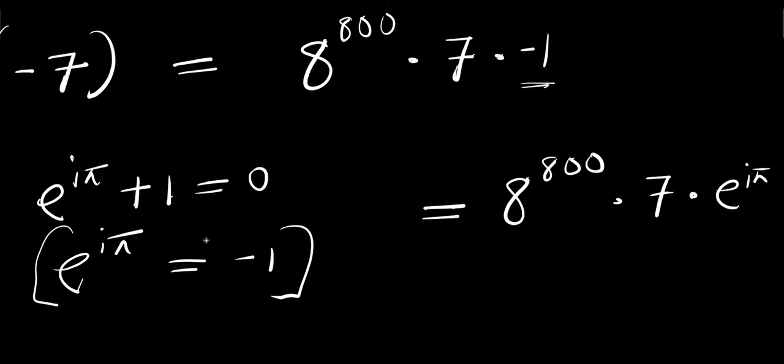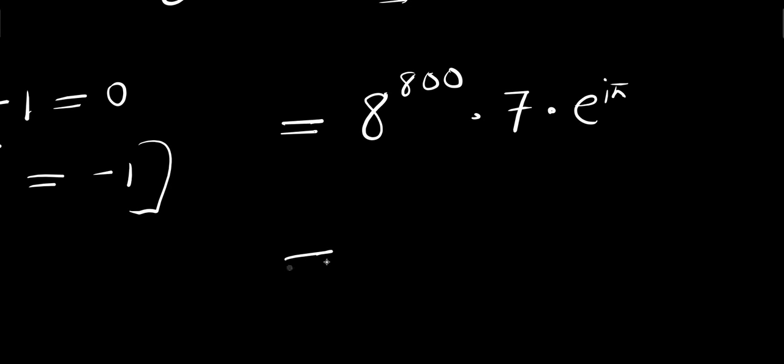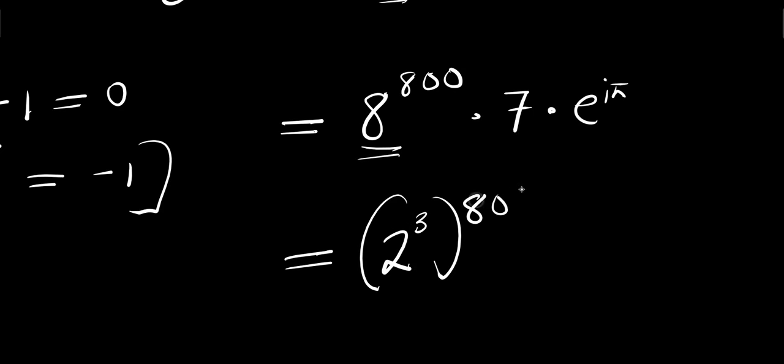So from here, we can simply have it as 8 is 2 to the power of 3, and this is also raised to the power of 800, times 7 times e to the power of I times pi.